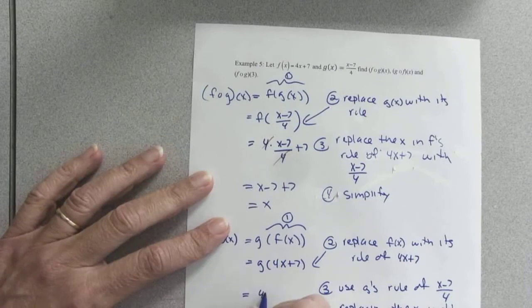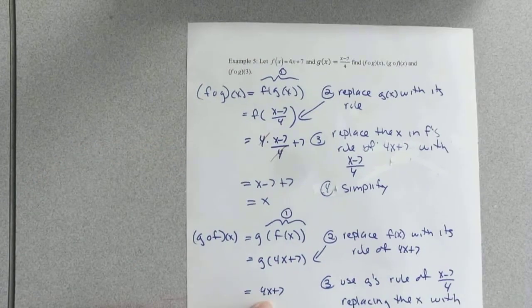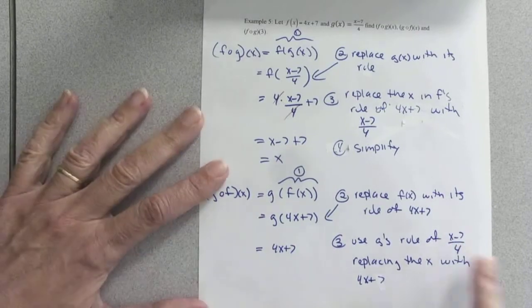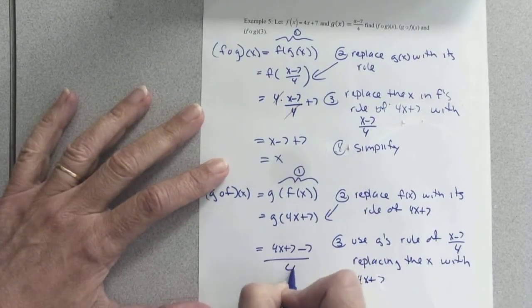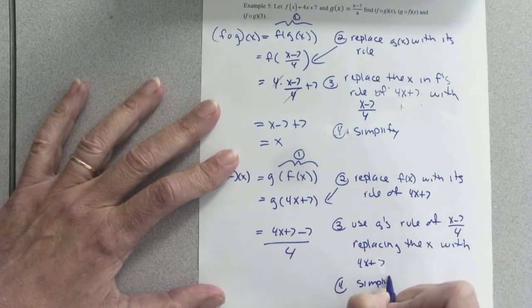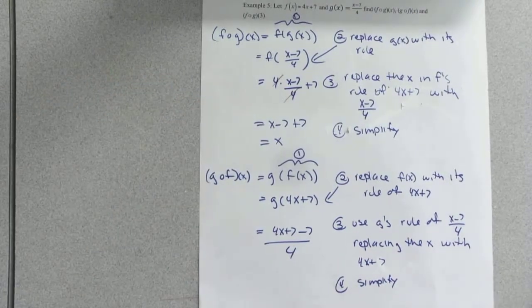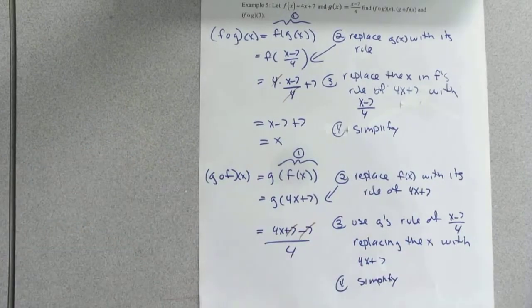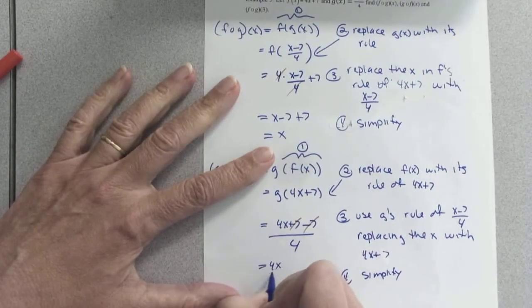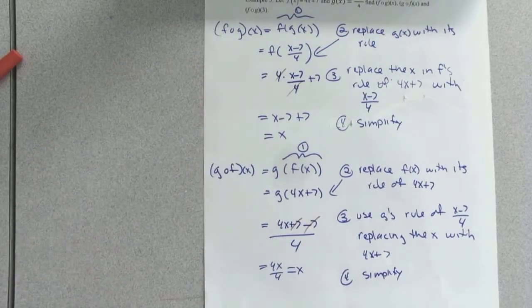Don't write the x, do the replacement. So there's the replacement. So I did the replacement, then the rest of the rule says minus 7 all over 4. And then step 4, simplify. And so those 7's are going to cancel. And I get 4x over 4 for x.